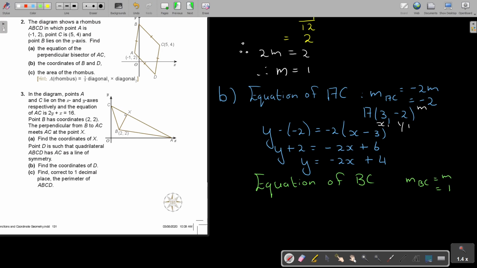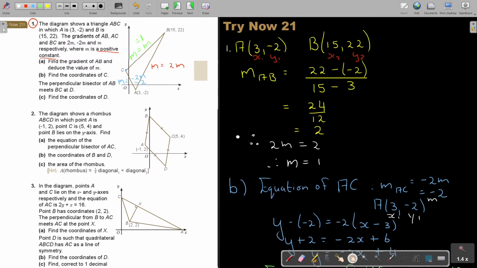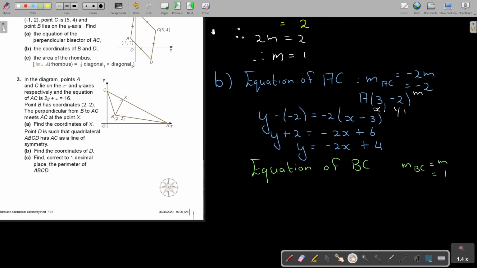And don't forget the point B is (15, 22). This is x1, y1, and this was m. Now I'm going to say y minus y1, so y minus 22, is equal to 1 times x minus x1.